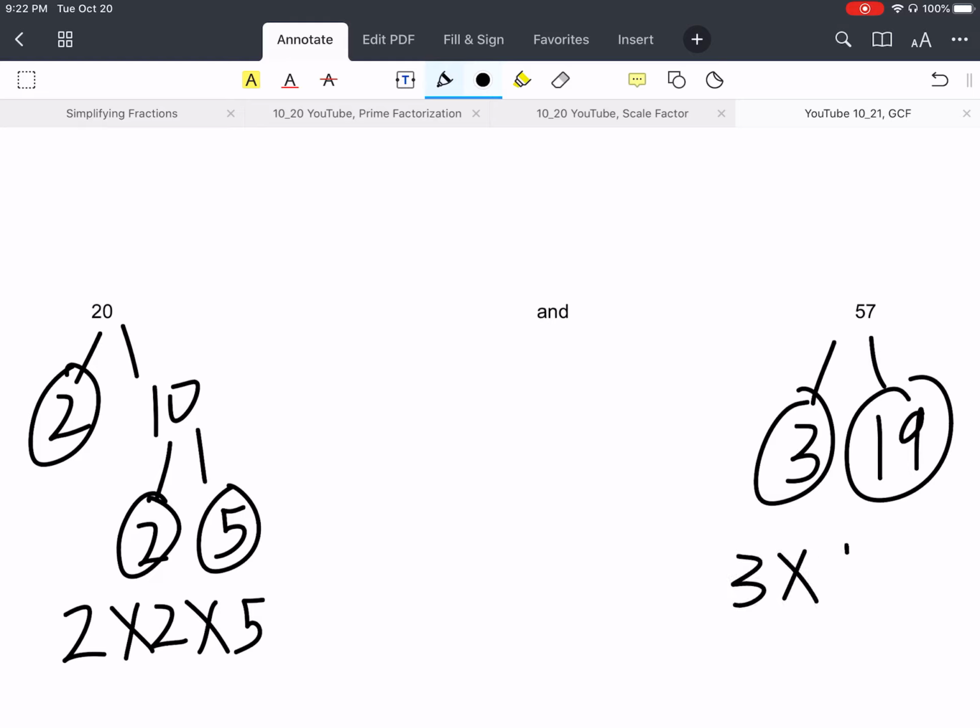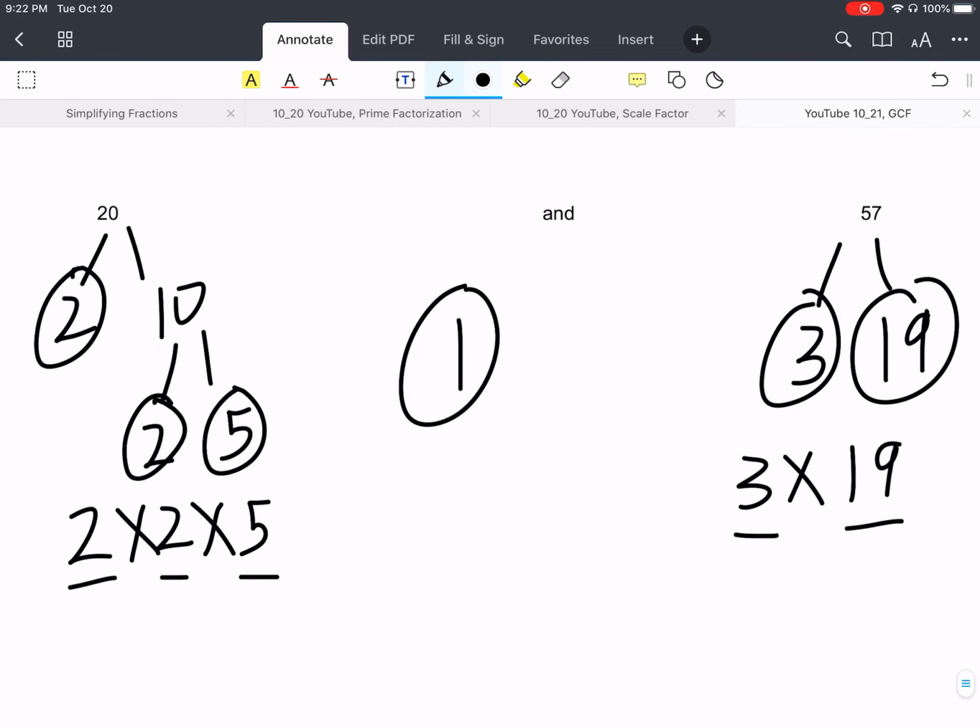And the main idea of this problem is to show that sometimes there are no pairs at all. There are 2 2's here and 1 5, and there aren't any 2's or 5's over here. So when this happens, that means that there are not any factors greater than 1. So our answer is just 1, because any number has 1 as a factor.